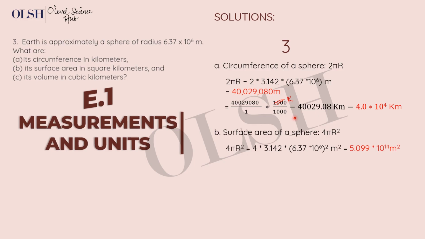If we bring in the radius into the equation, we're going to have 4 times 3.142, which is the value for pi, times 6.37 times 10 raised to the power 6, all raised to the power of 2, because the radius is squared here. Now our unit becomes meters squared. Pi is dimensionless, 4 is dimensionless. If we multiply this out, we're going to have 5.099 times 10 raised to the power 14 meters squared.